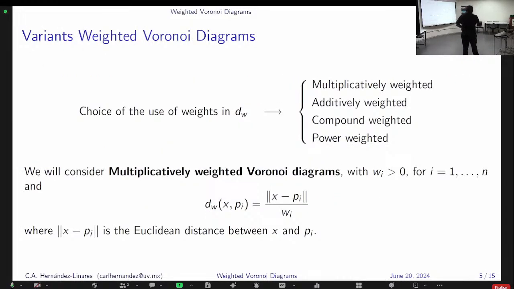There are many functions that are weighted distances. We will consider a multiplicatively weighted Voronoi distance, where this expression is the Euclidean distance between X and Pi. In this case, the edges are not necessarily straight lines, but the boundaries of Voronoi regions are characterized by the following theorem.